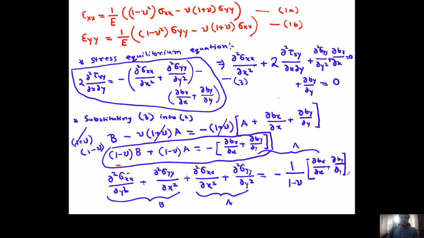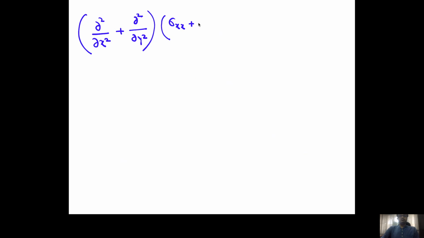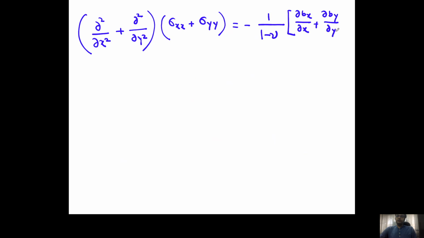So now we are in a position where we can write the final expression, and the final expression is del 2 del x2 plus del 2 del y2 of sigma xx plus sigma yy. This is equal to minus 1 minus nu times del bx del x plus del by del y.